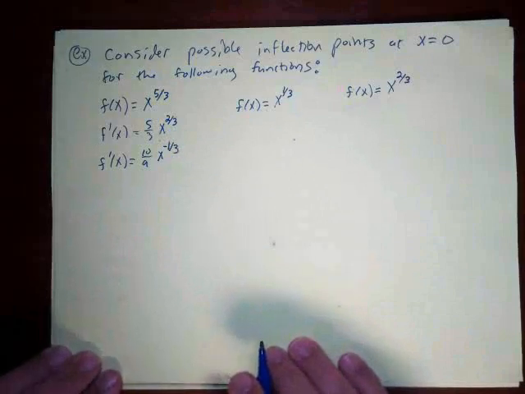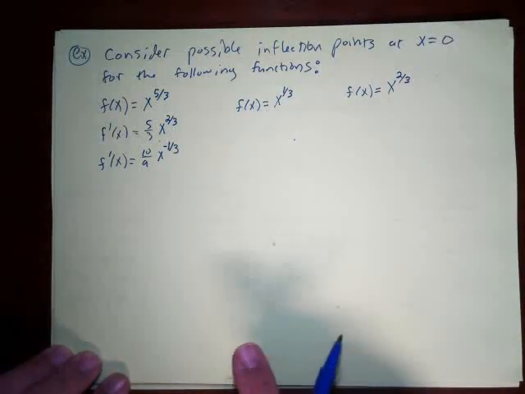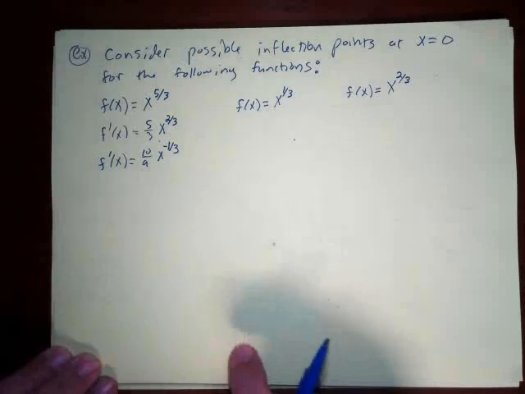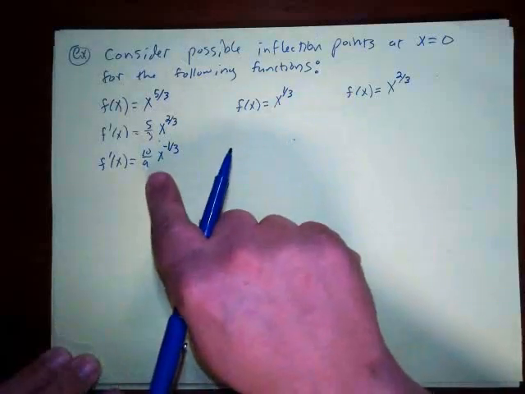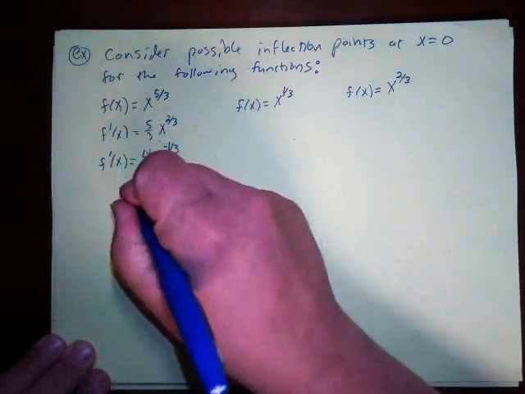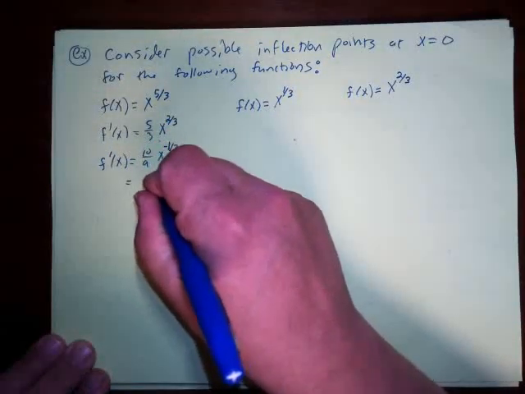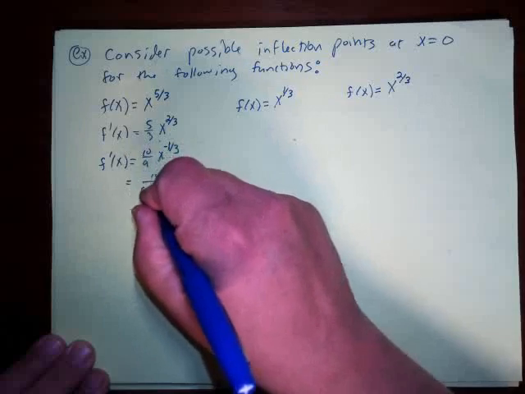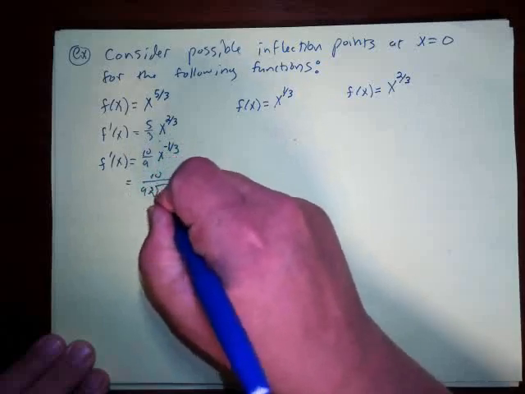Okay, so now let me actually rewrite this as 10/9 times the cubed root of x.